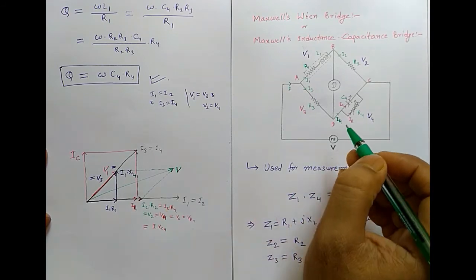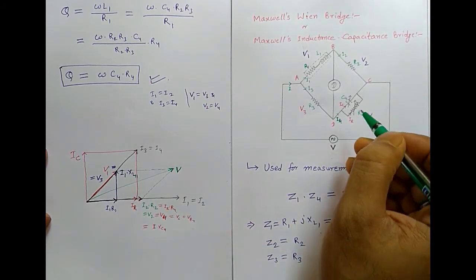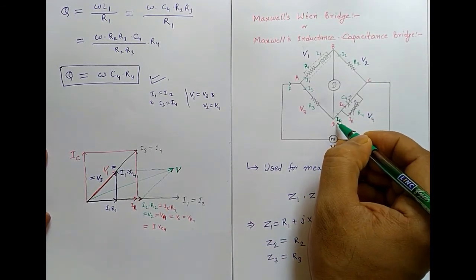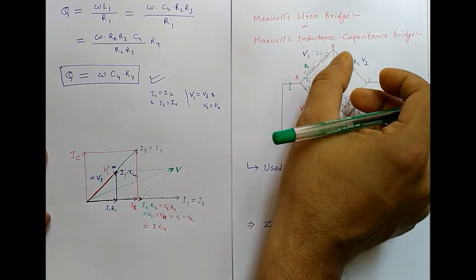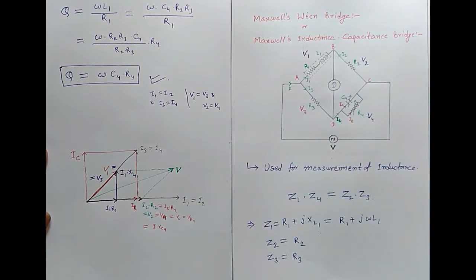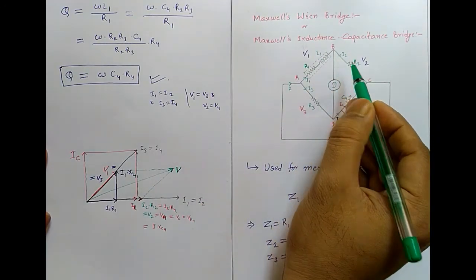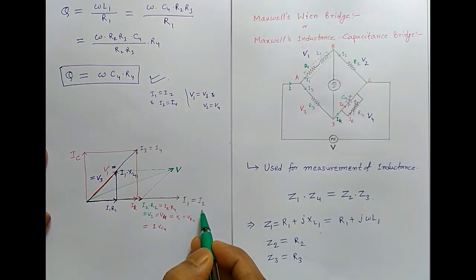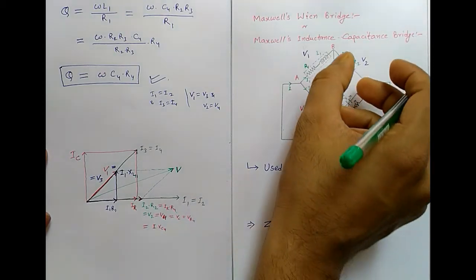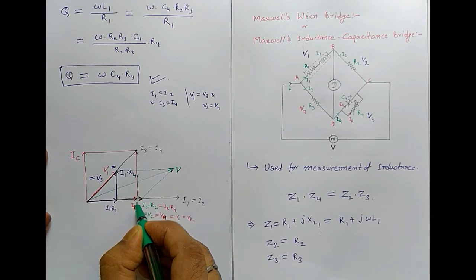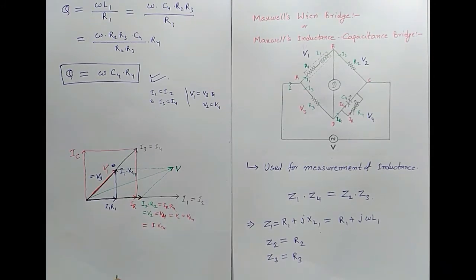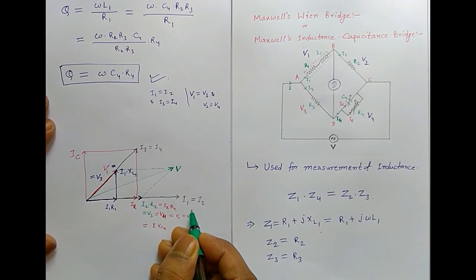Now we know the direction of I4, and we also know the direction of I2. Let us assume that the voltage drop across this resistor R2, that is I2 into R2, is this one, on the same line as I1 or I2.